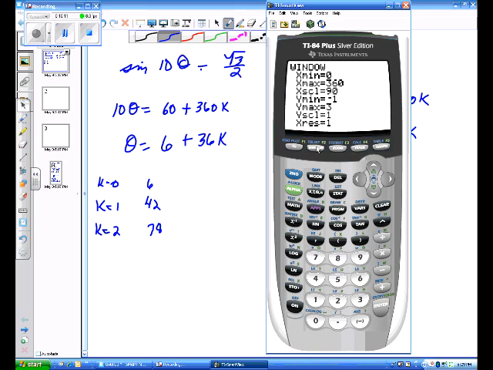Now we want to go from 0 to 360 because that's all we're interested in. Let's just see if our window's big enough. It's plenty big for that one.